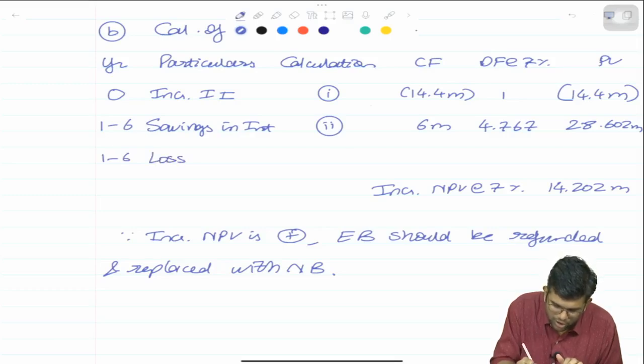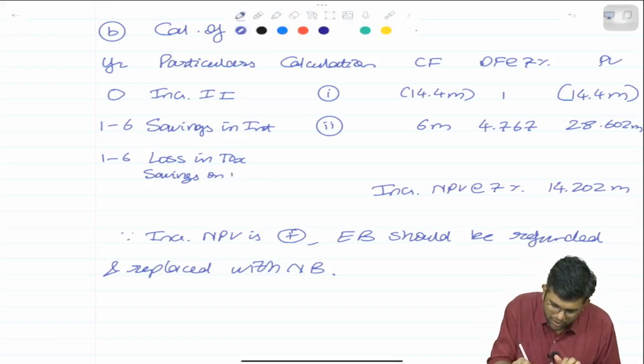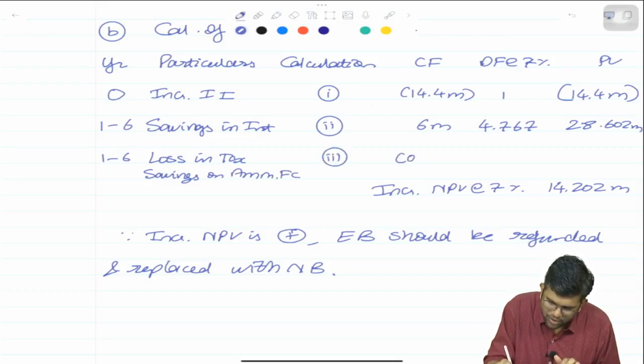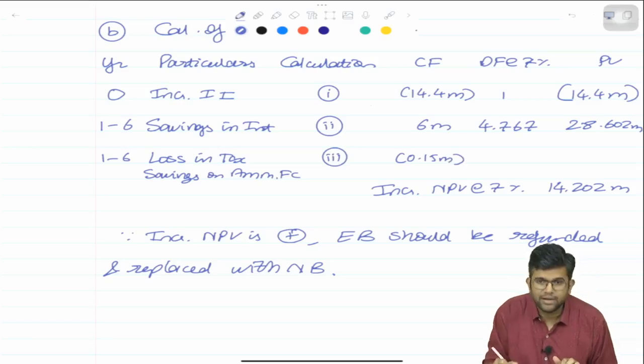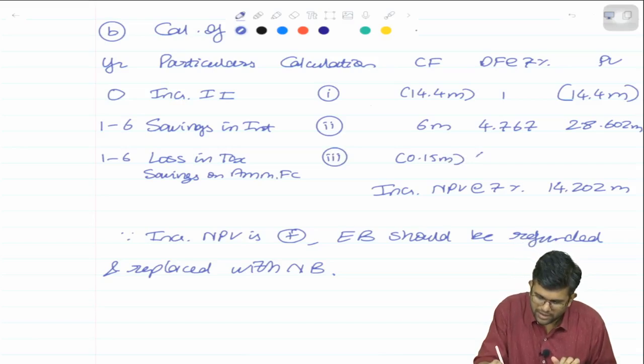There is a loss in tax savings on amortized flotation cost. According to point number 3, I am going to be losing 0.15 million every year, into 4.767.